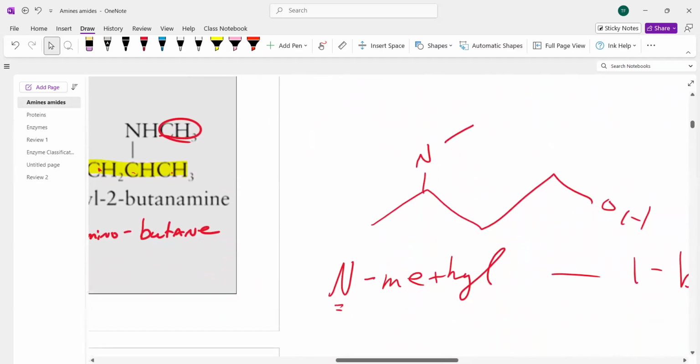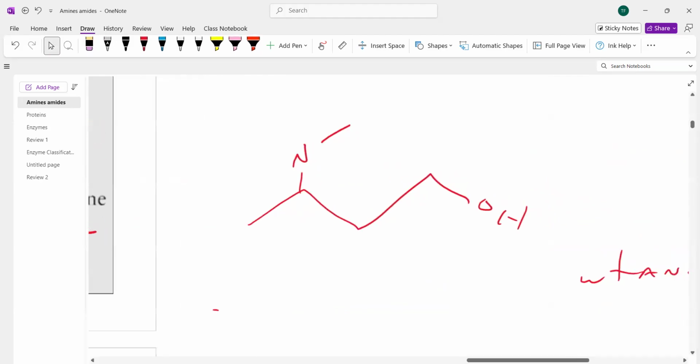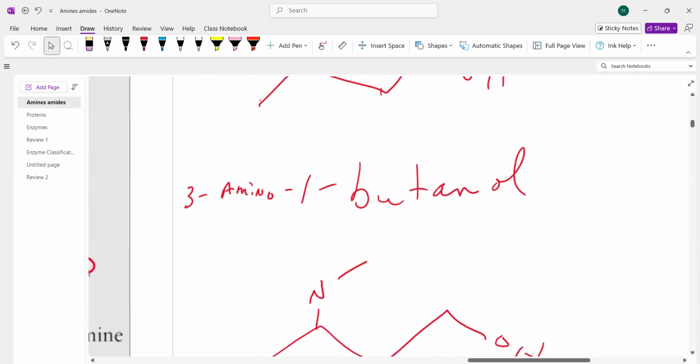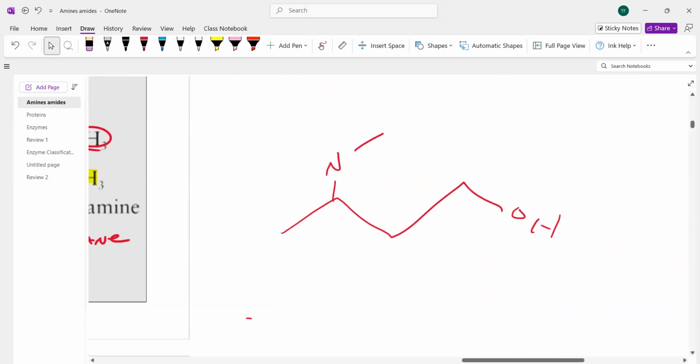Okay, let's look at this guy here. Okay, well, this is an alcohol. 1, 2, 3, 4. So it's a butanol.